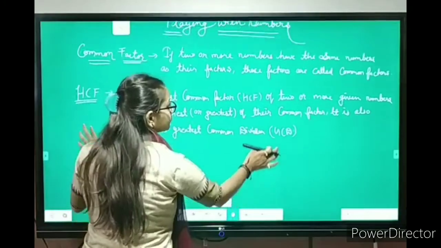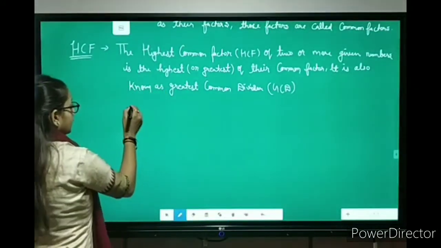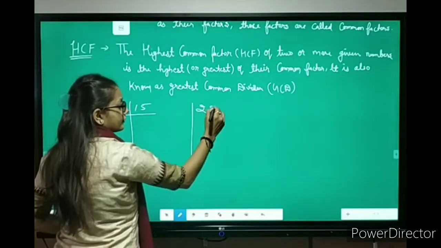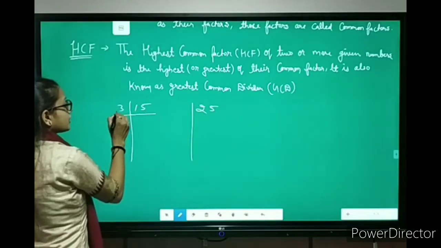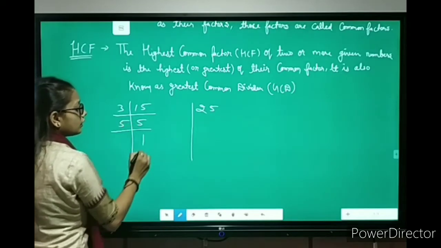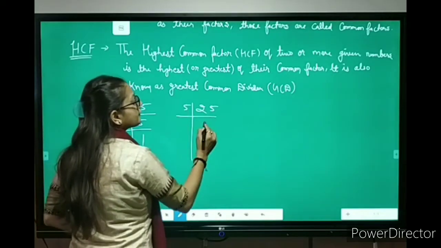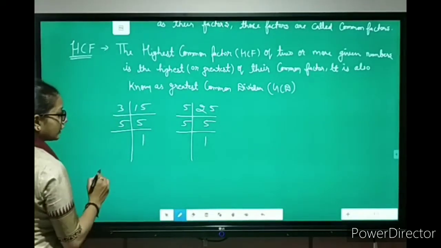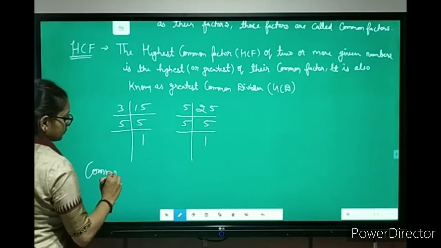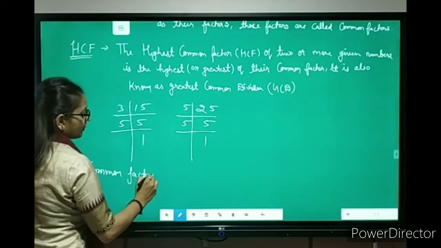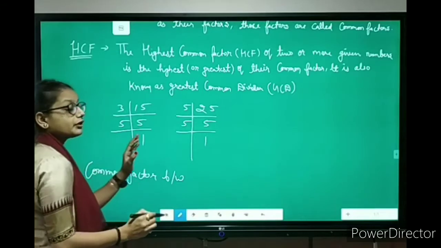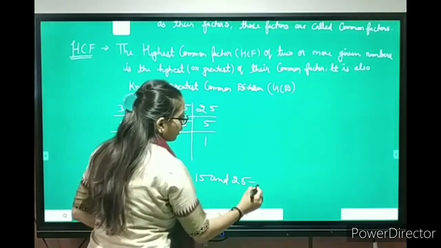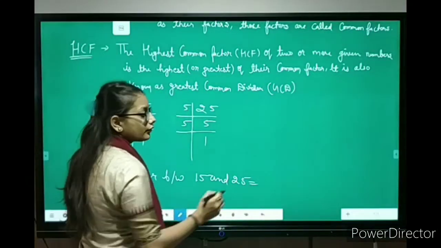For example, 15 and 25. Factors of 15: 3 fives are 15, 5 ones are 5. Factors of 25: 5 fives are 25 and 5 ones are 5. Common factors between 15 and 25 are 1 and 5.